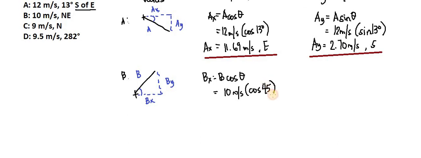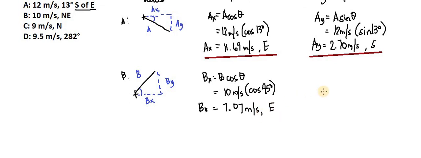Again, 45 kasi exact po kapag northeast, northwest, like that. So, solve natin sa calculator. That's 10 cosine 45. That's your B sub X, 7.07 meter per second. Direction is east.